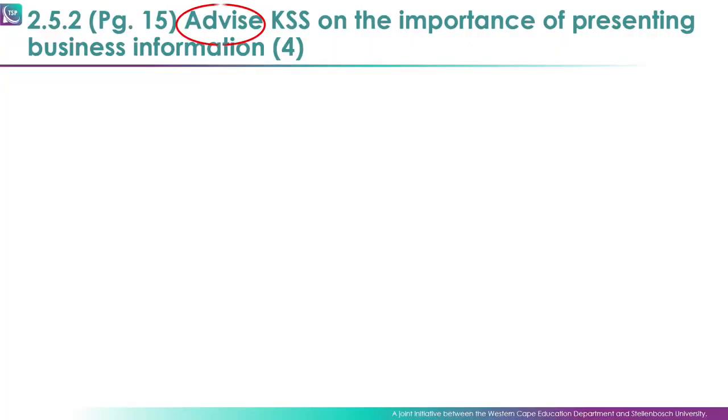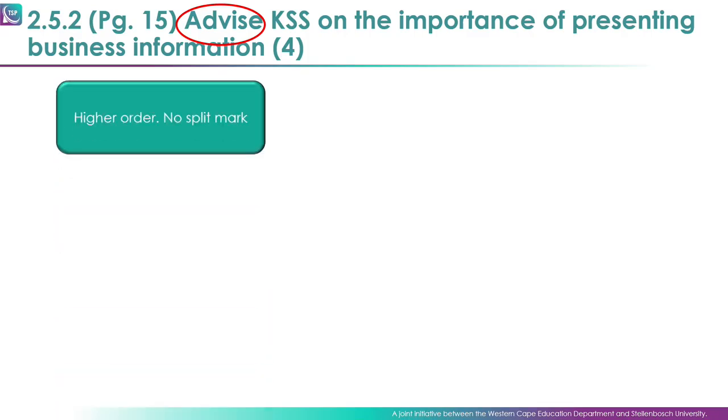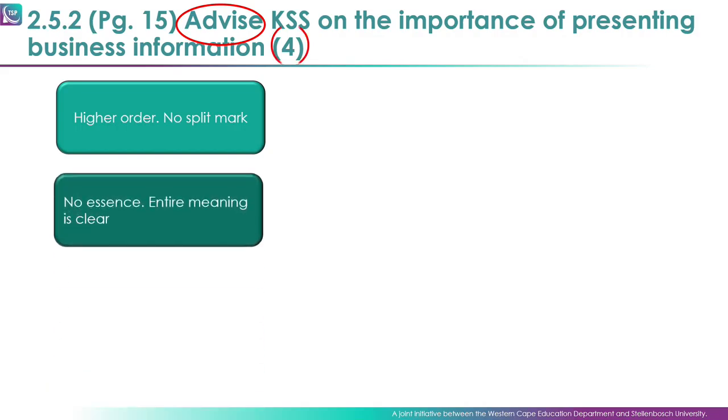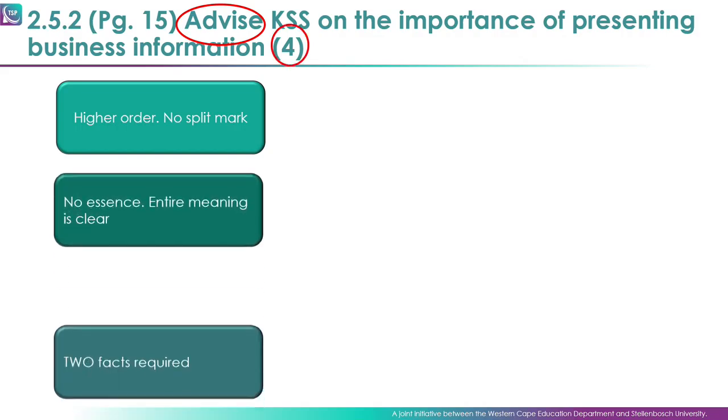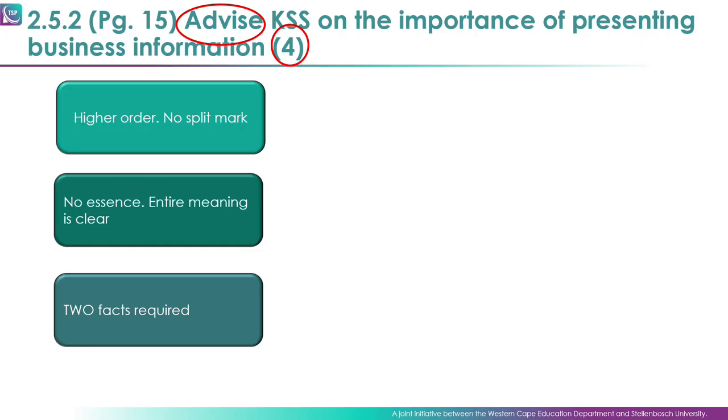Mr. Edwards, if you don't mind just hitting the click there, you can see advise there. It's a higher order question. We're not going to mark it with split marks. But guys, beware of this one. There is no essence. We need to have the entire meaning of that concept very clearly spelled out before we will award 2 marks.